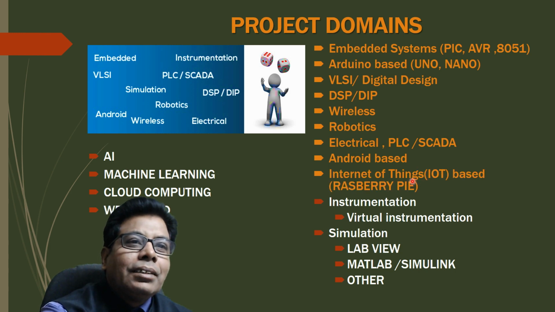Now this is an upcoming technology. Internet of Things means the devices are connected to the other devices. So it is an Internet of Devices. So based on Raspberry Pi, that is the platform, you can choose Python language and do the project based on this.